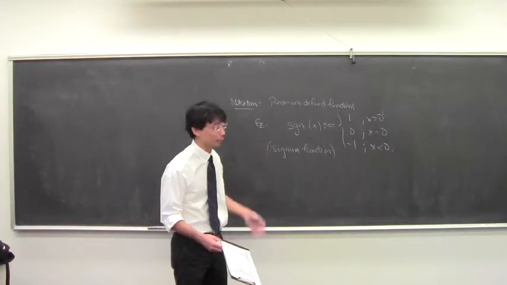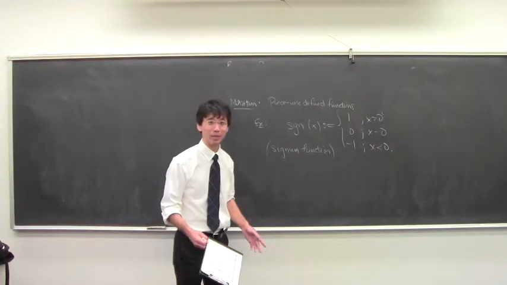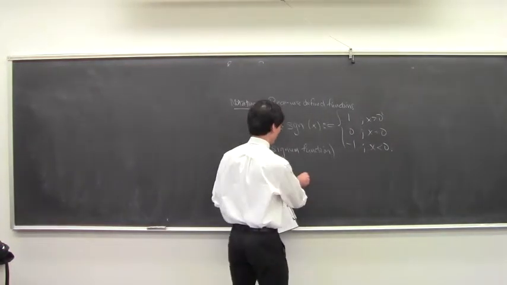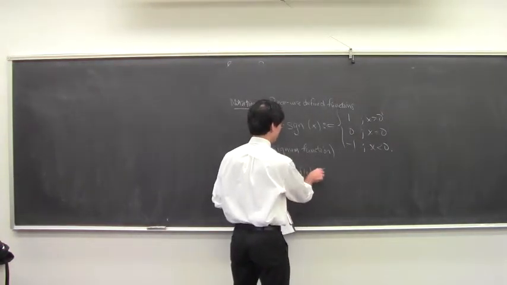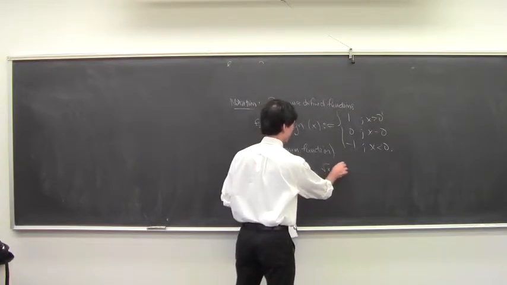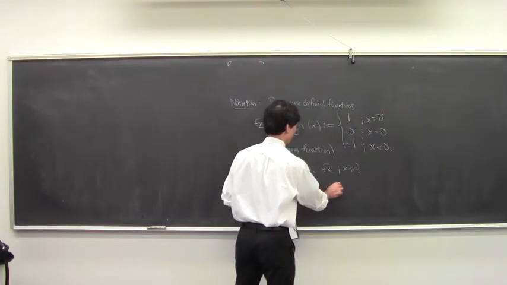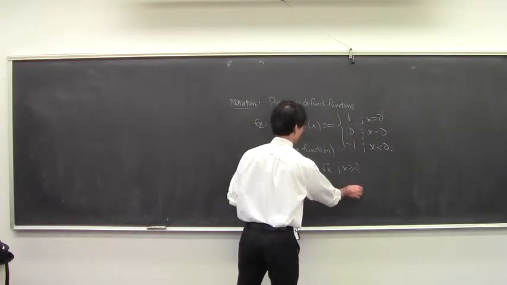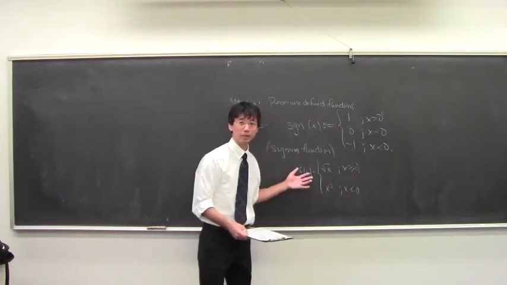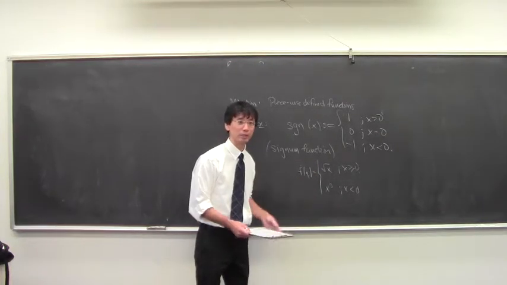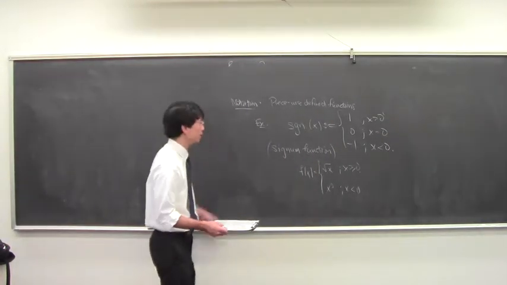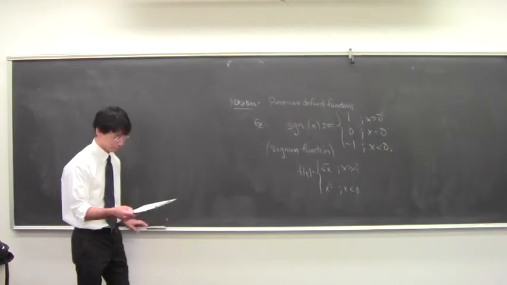We can make up more examples, but they're all basically the same. You could say I have a function that is the square root of x if x is bigger than 0, and x squared if x is less than 0. A function defined in parts, a piecewise-defined function. That's all there is to this concept.